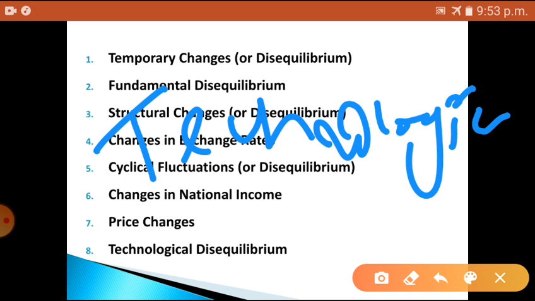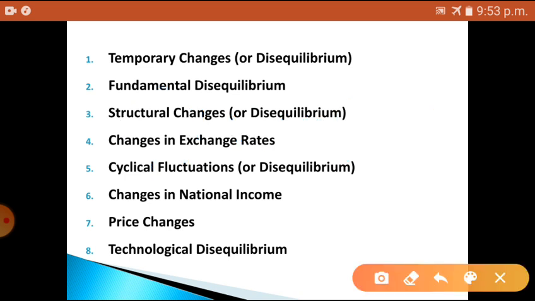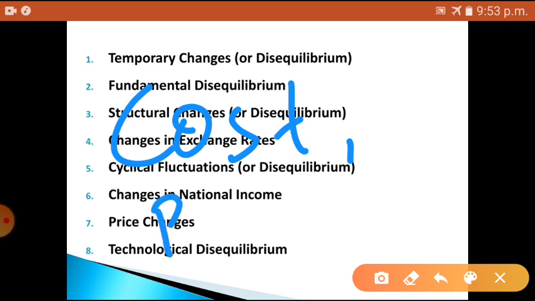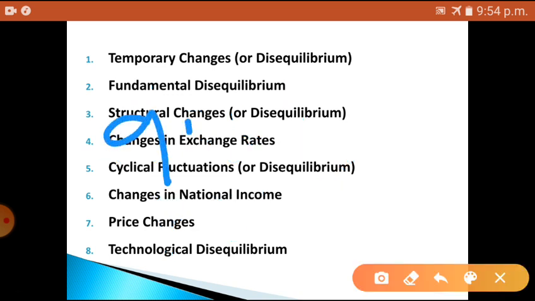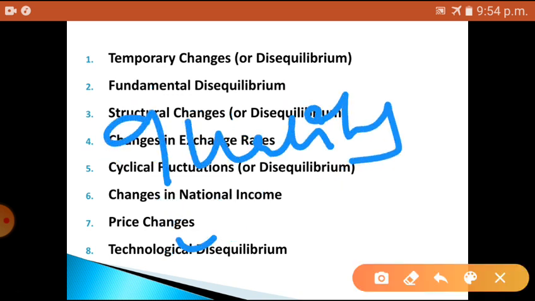Suppose there are technological changes in producing products in the domestic country as well as in industries of other countries, they lead to changes in cost as well as prices, or what we can call the quality of products.